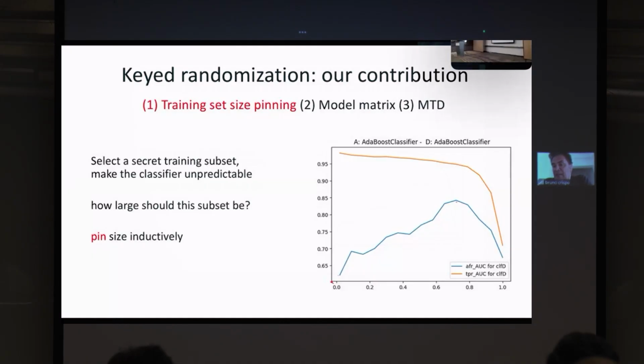You can see the AFR starts to increase as we decrease the size of the training set, and we have the optimal value around 30% of the training set. So you take the training set and you reduce it. When you get to 30%, you get this peak that is almost 85% AFR, and then it drops again. So this is the best size in terms of AFR.